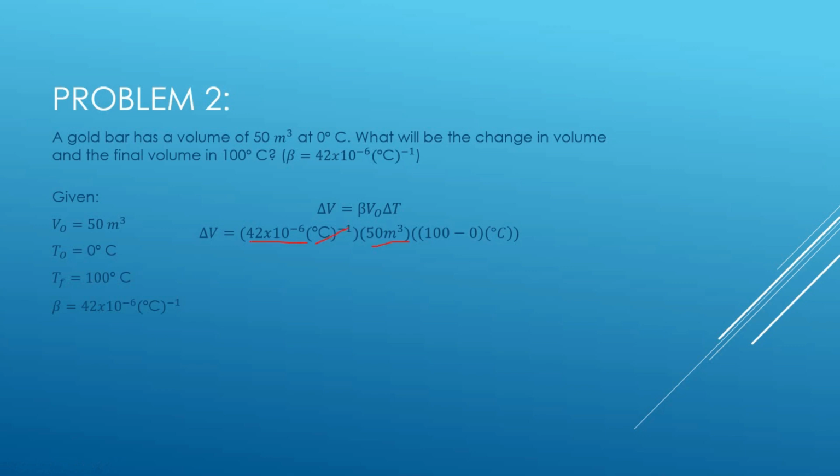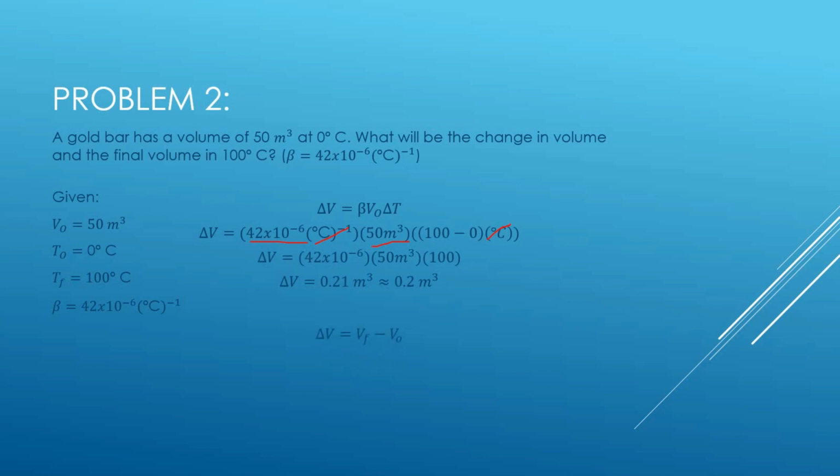You can cancel out the degrees Celsius. So 100 minus 0 is still 100. And then if you multiply 42 times 10 raised to negative 6 times 50 meters cubed times 100 in the calculator, you would get 0.21 meters cubed, or 0.2 because of the significant figure of 1.